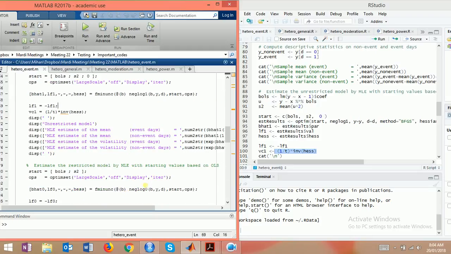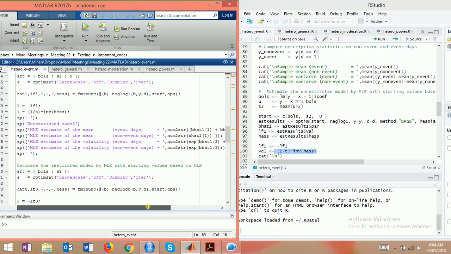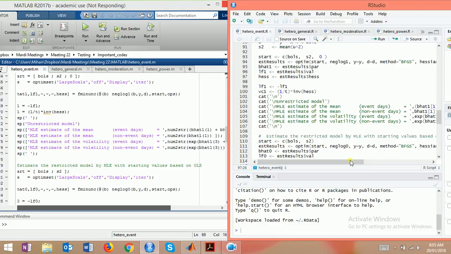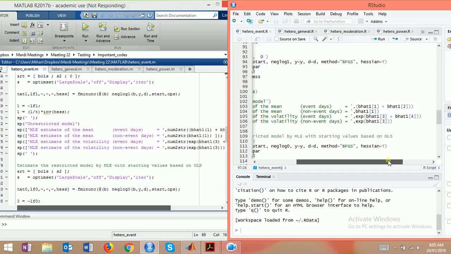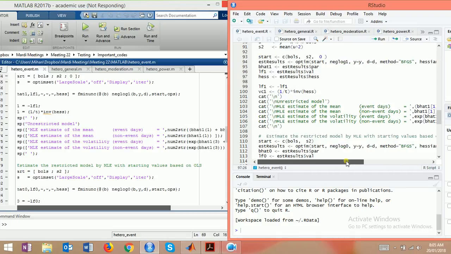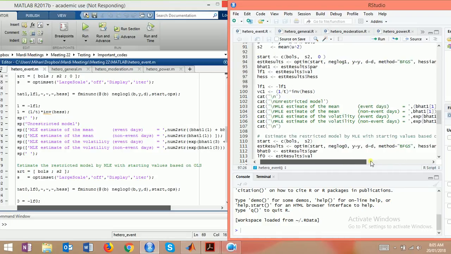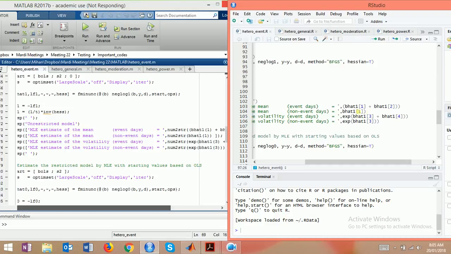Now for the restricted part, there's a bit of estimation. Event day is beta hat 1. What happened? Okay, the estimate of the mean is beta hat 1 first row and second row, beta hat 1 first one, third row and fourth row.